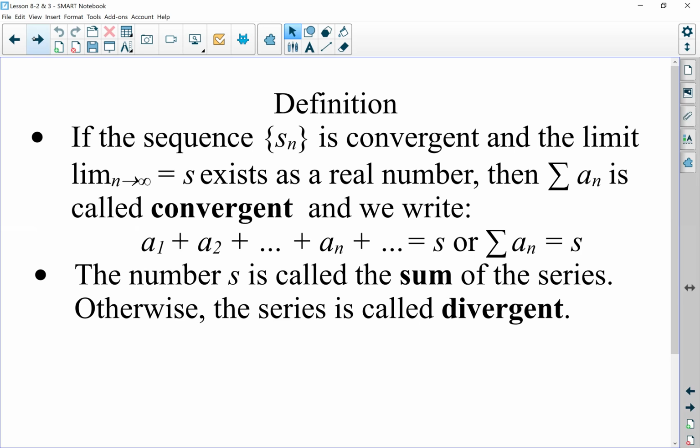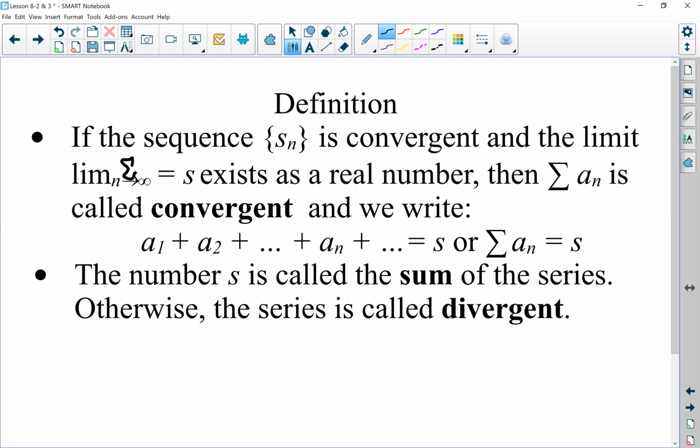If the sequence S sub n is convergent and the limit as n goes to infinity of the sum equals S, so it exists as a real number, then the sum is called convergent.